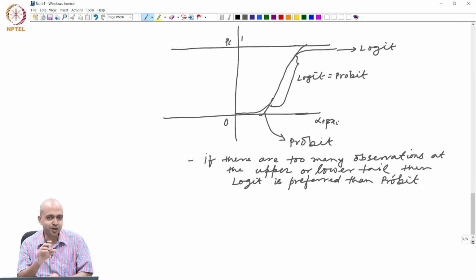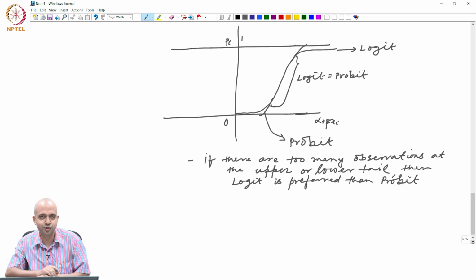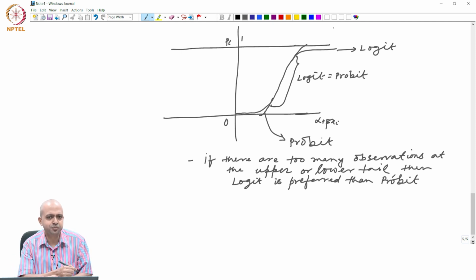For example, in the car owner or house owner relationship, if your sample says that 90% of individuals actually have a car, you are at the upper end, or if only 10% of people have a car, you are at the lower end. That situation is better captured by the logit model, not the probit one.